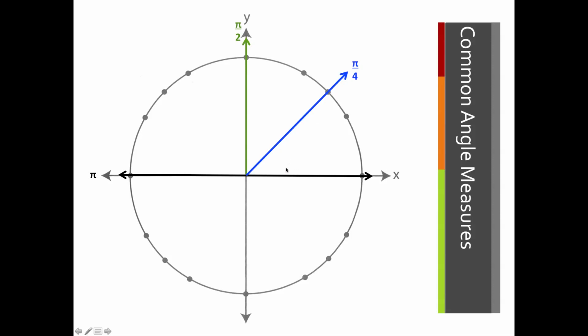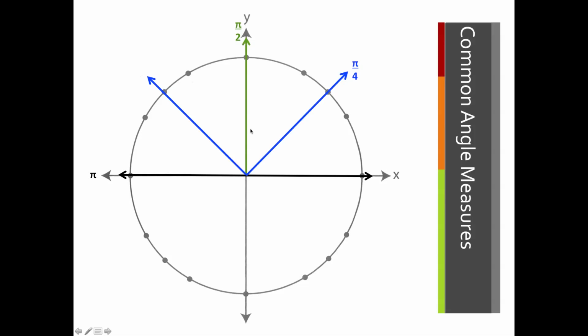Now if I also divide this section in half, what happens is I can actually count by fourths here. So here's 1/4 pi. Then I would have 2/4 pi. But if I simplify 2/4 pi, or 2 pi over 4, it would simplify to this pi over 2 that I already have labeled.